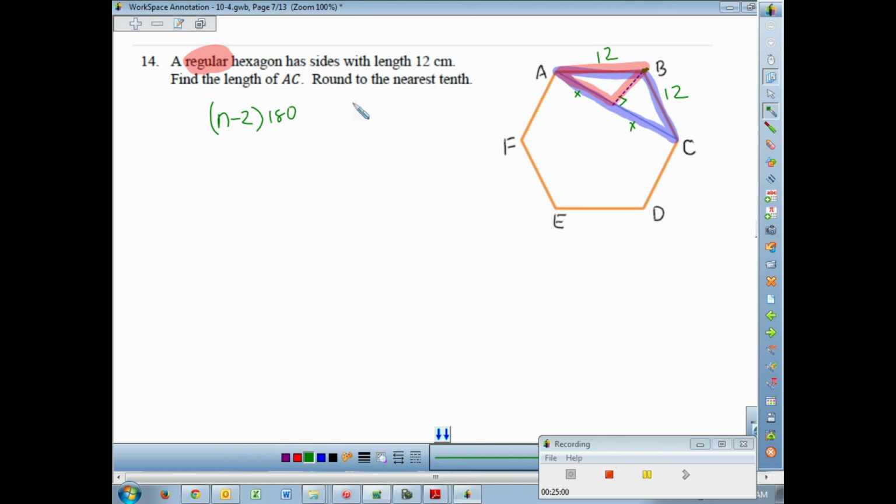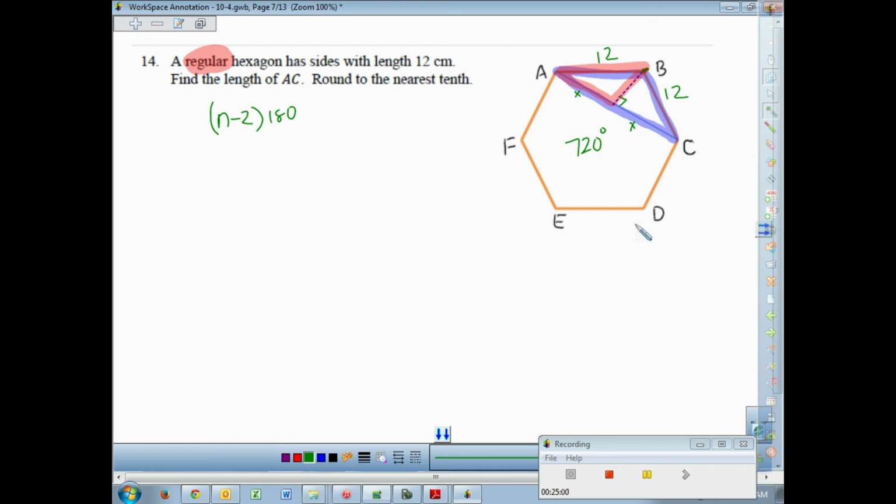So this is a hexagon, which has how many sides? 6 minus 2, which is 4, times 180. Punch that in. I would hope that you get 720 degrees total inside of that hexagon. Any convex hexagon has a total of 720 degrees.